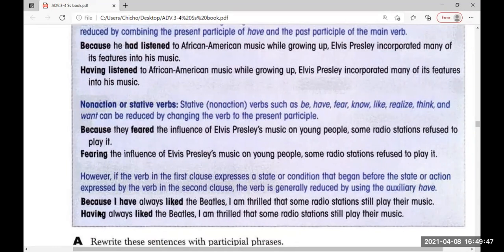Okay, so we use having always liked the Beatles, I am thrilled that some radio stations still play their music. Okay, entonces esa es la condición que tenemos. Dice, however, but if the verb in the first clause expresses a state or action that began before the state or action expressed by the verb in the second clause, the verb is generally reduced by using the auxiliary have.